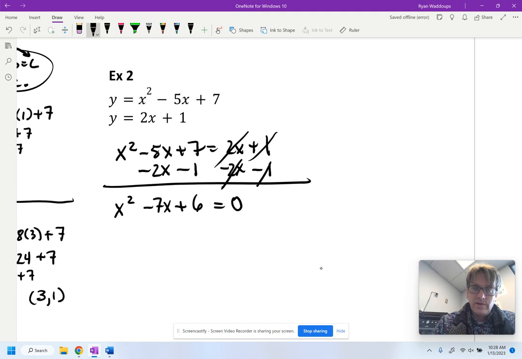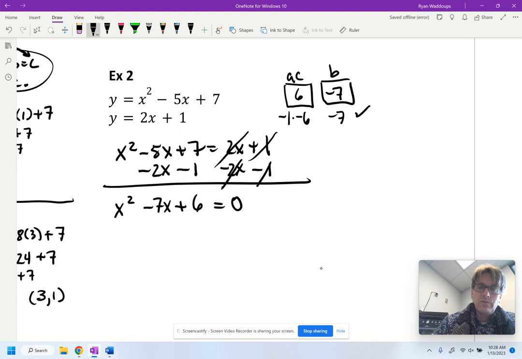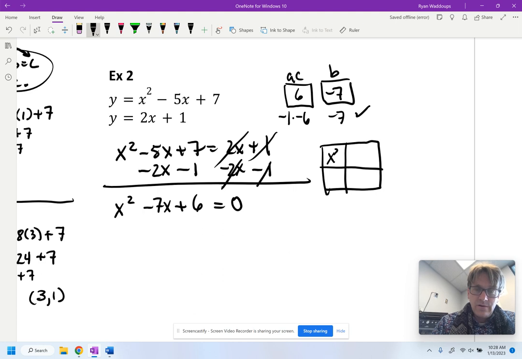Then go over here and say, okay, AC equals 6 and B equals negative 7. That'd be negative 1 times negative 6 would be negative 7 when you add them. So when I put it in the box, I get x squared plus 6, and then minus 1x and minus 6x.